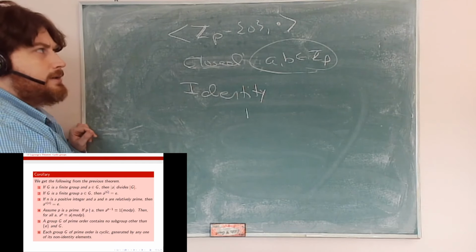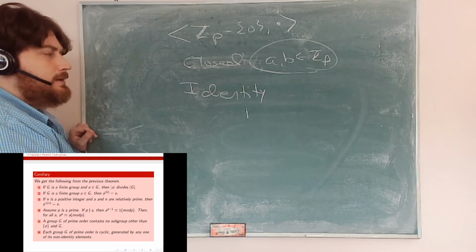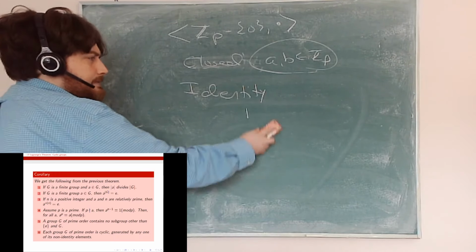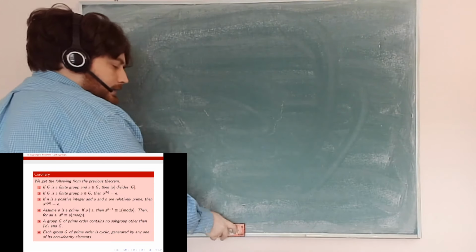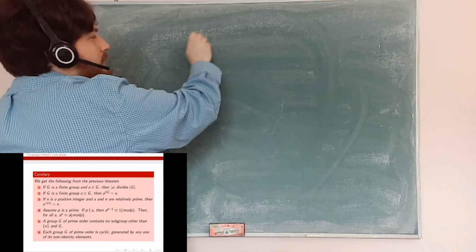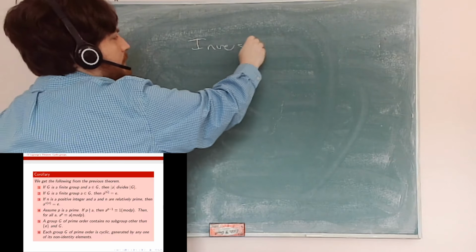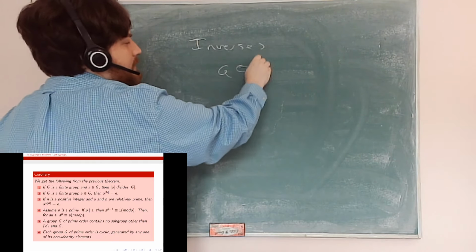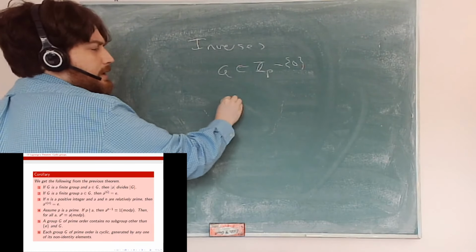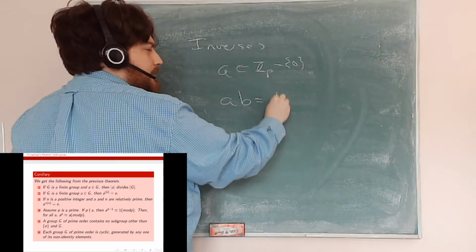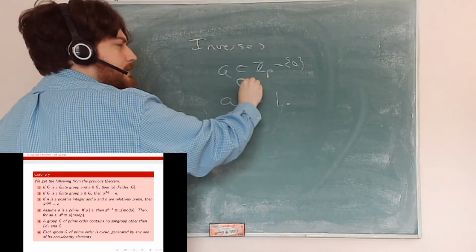So we still have an identity. I'll get to inverses next. What I need to show is that if a is in Z sub p, not 0, I can find a b such that a times b is equal to the identity 1.